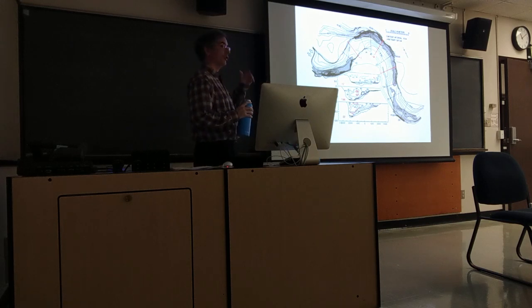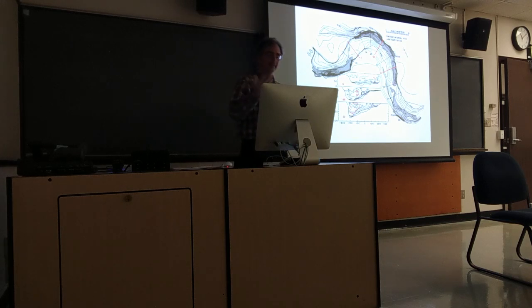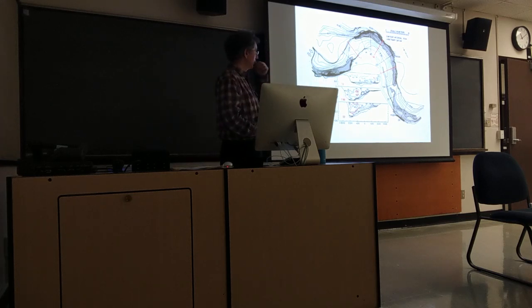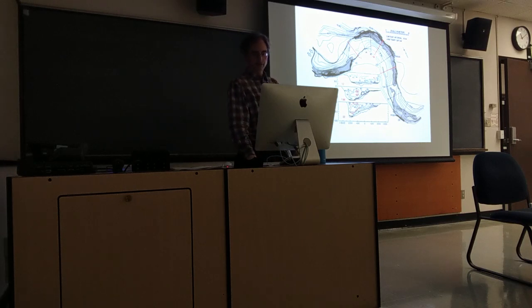So they kind of all do that. Like I said, any stream that's carrying a substantial bed load is going to form bars, and you'll get this point bar building and opposite bank erosion.